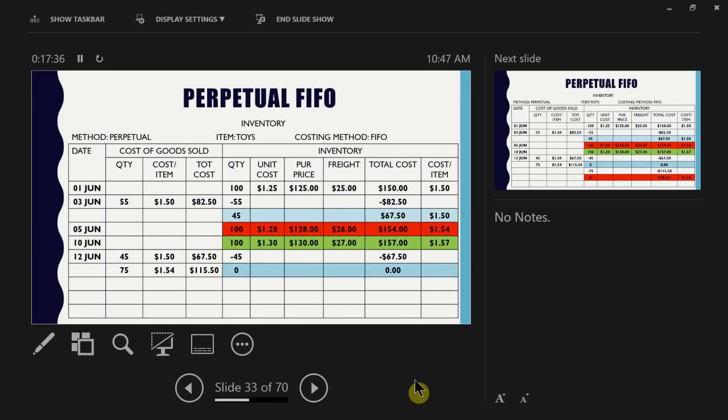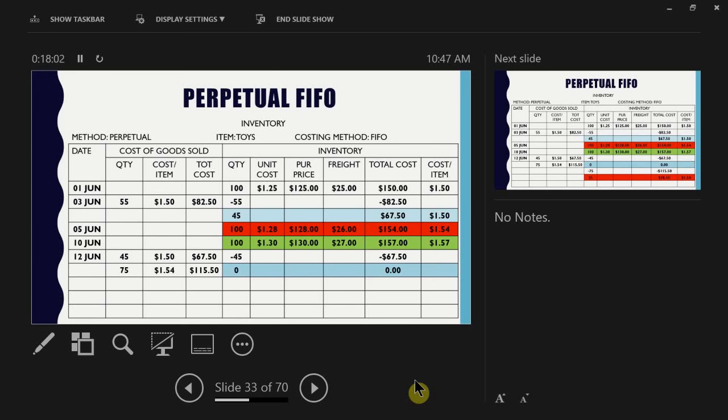We calculate this number. So every item I sell is going to cost me $1.54 per item. In this case, I'm going to calculate 75 items multiplied by that $1.54 to give me a grand total of $115.50.